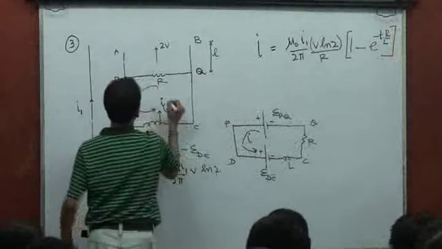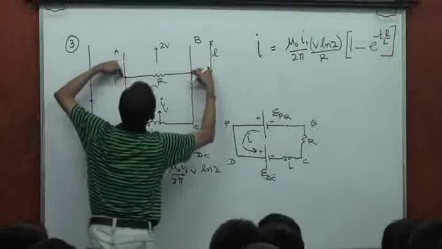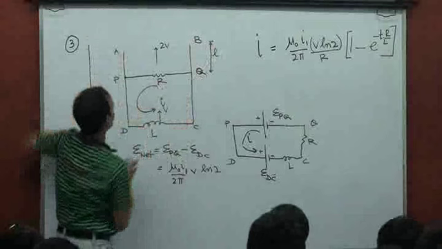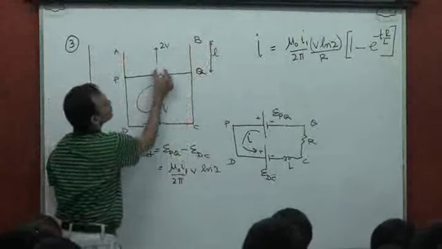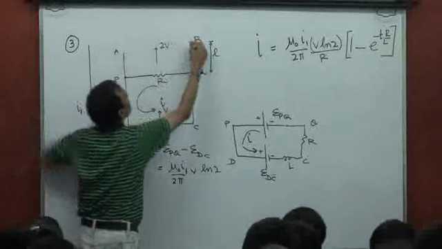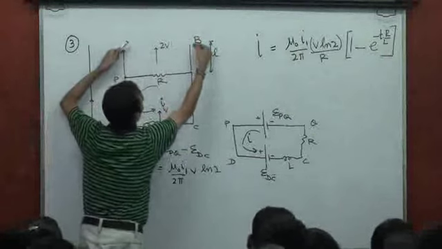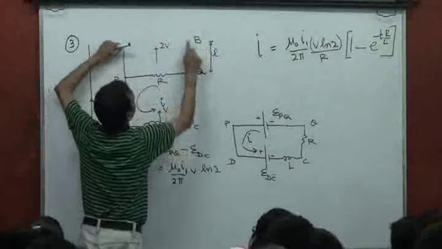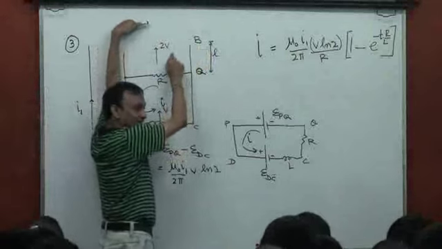We need to find the current when this PQ overshoots AB, falls off AB. One thing, the velocity of PQ is 2V. The velocity of this AB, imagine this AB to be a straight wire, is V. That means the relative velocity of PQ with respect to AB is V upwards, right?